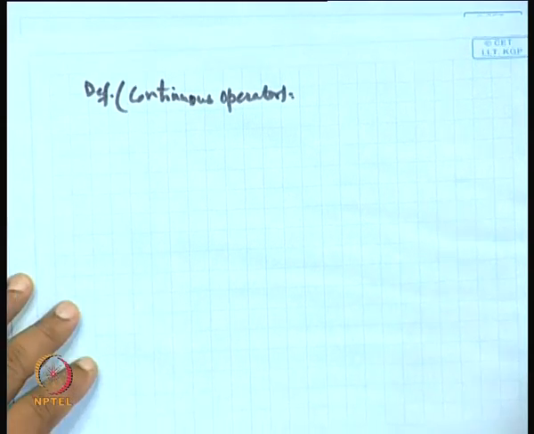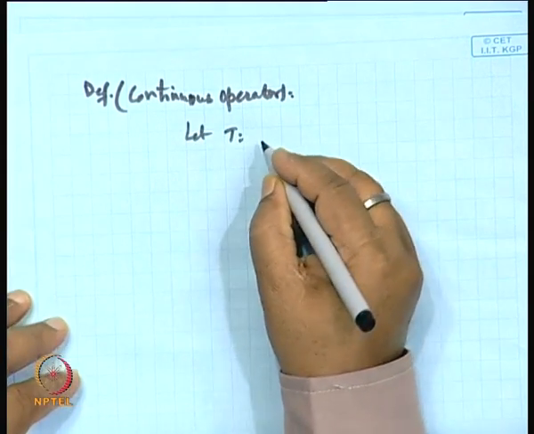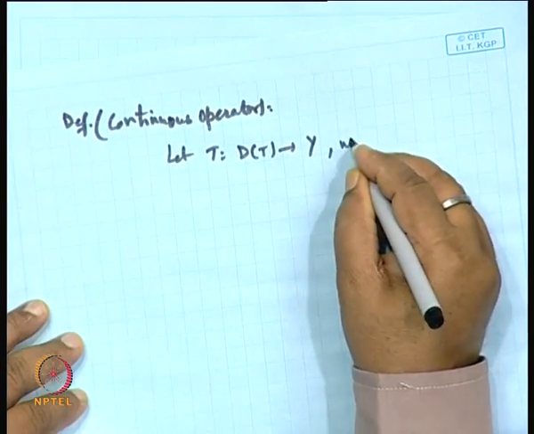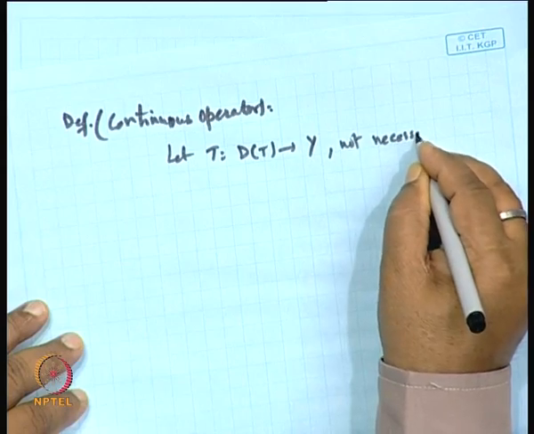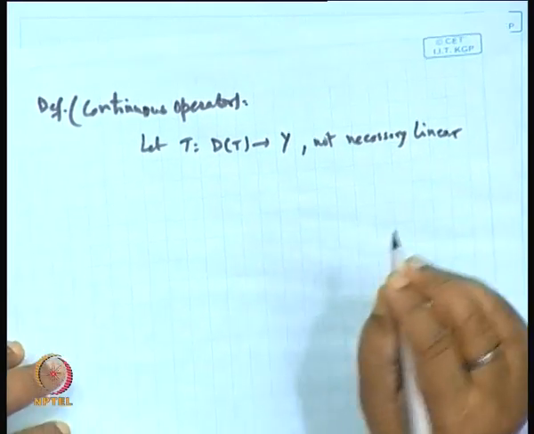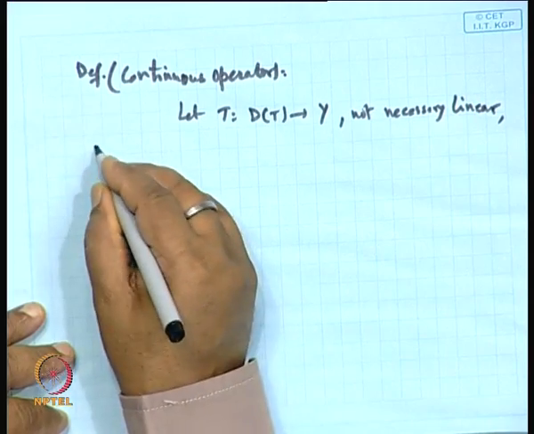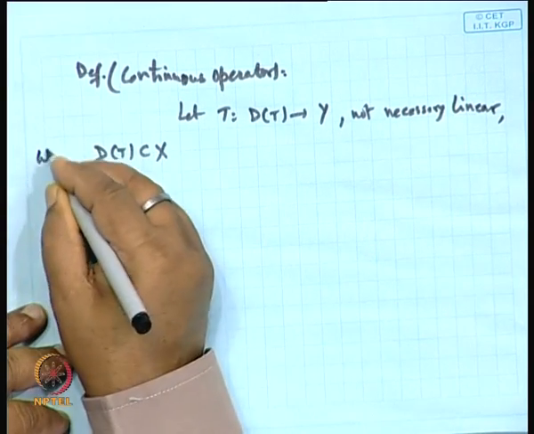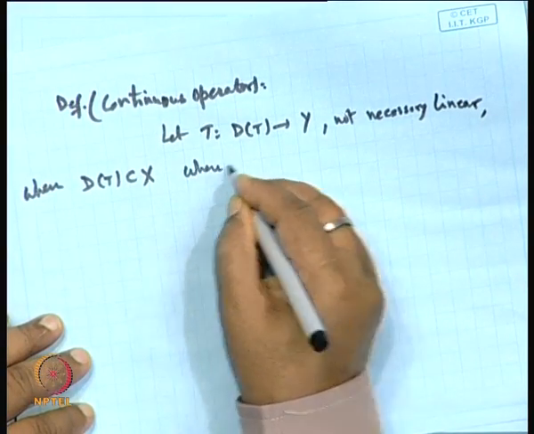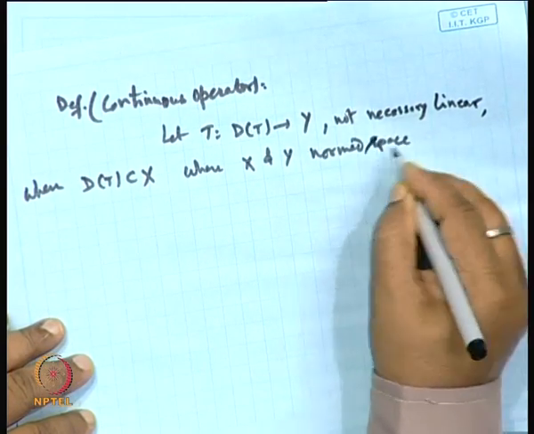So, let us suppose T is an operator from D(T) to Y, not necessarily linear, any arbitrary operator, where D(T) is contained in X, X is a vector space and Y is also a vector space, where X and Y are chosen to be, say, normed spaces.